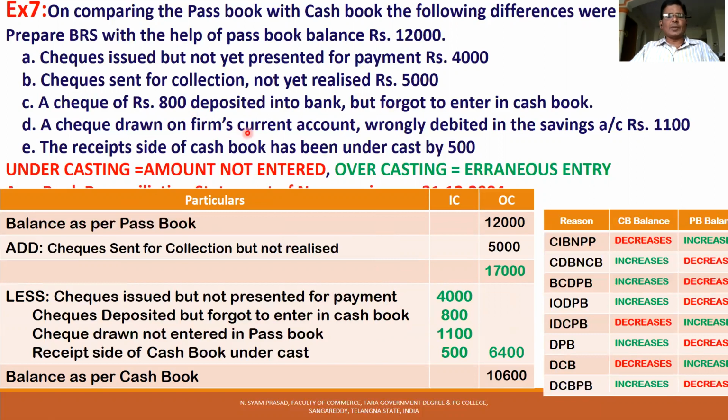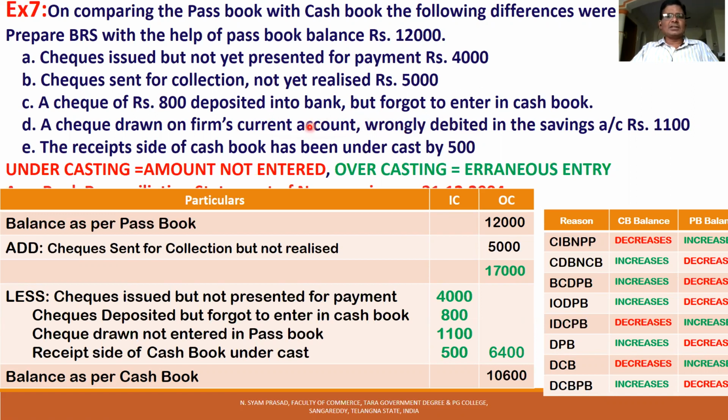A check drawn on the firm's current account wrongly debited in the savings account. We issued a check and created the credit side of the three-column cash book. Cash book decreases, but it was not debited in the firm's current account. They debited it in the savings account of the customer. It is wrong.